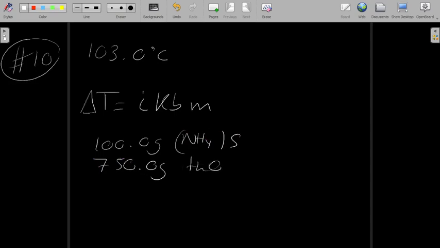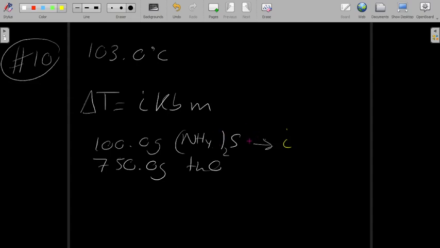Do I have i? No, but can I find it? Yes, I sure can. Let's find i first. Did I forget to put a 2 in here? Yeah, okay. Be careful when you copy these, because that could affect your i. So what is i? According to this formula, i right here is 2 of these and 1 of these.